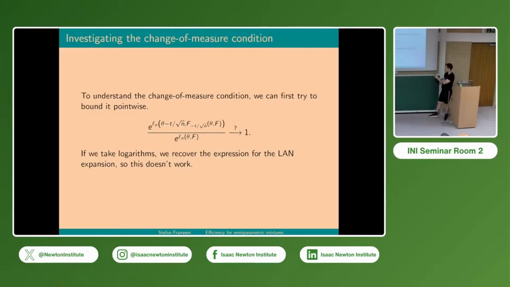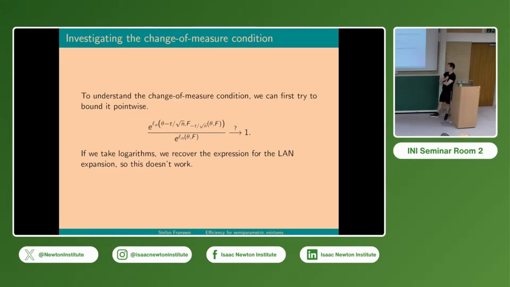That's more or less the intuition behind all these proofs. And if we do not assume this, we do not know how to verify this condition. That's the real difficulty at the moment.